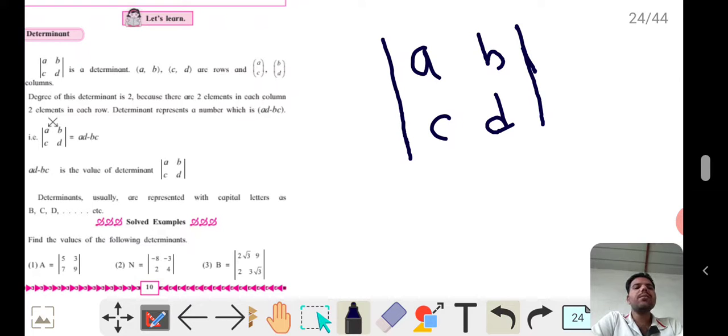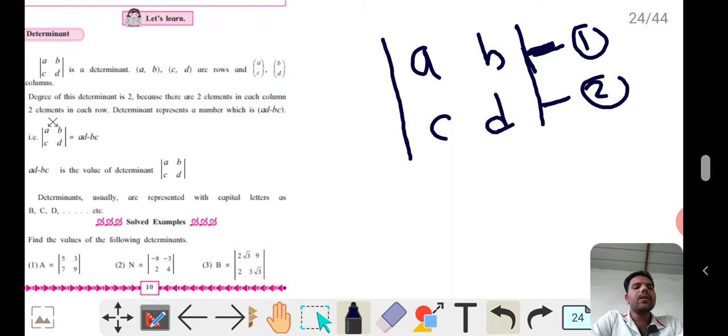In this determinant there are two horizontal rows. This is the first row and this is the second row.